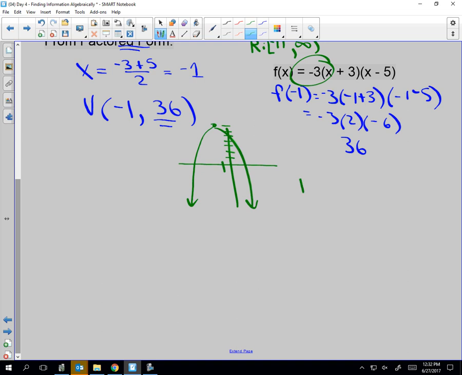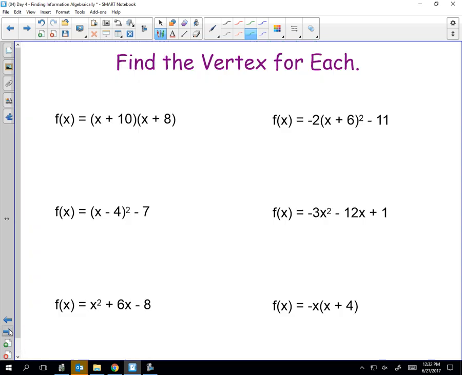So now, domain, once again, never changes, from negative infinity to positive infinity. Now our range, the arrows point down, so we know that this graph has the lowest value, starting value of negative infinity, and now it's going up to the maximum y value of 36 for the point. Okay, so that's how we look at domain and range as well.